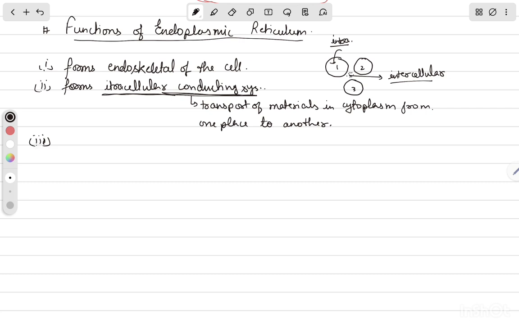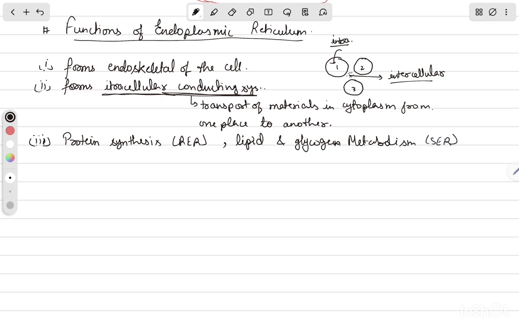since rough endoplasmic reticulum have ribosomes on it, so it is involved in protein synthesis. Protein synthesis is function of RER and lipid and glycogen metabolism or steroidal hormone synthesis is the function of SER.